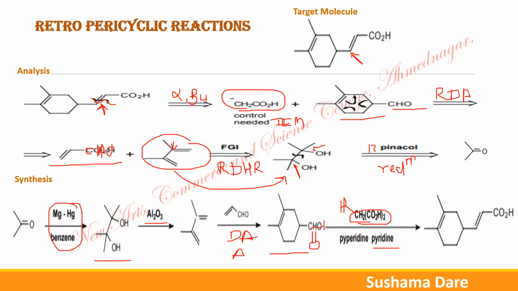Complete the mechanism of this, and then two acid groups are there. You remove one of the acid groups by decarboxylation, and at the same time the water molecule also gets removed and it gives this double bond here.